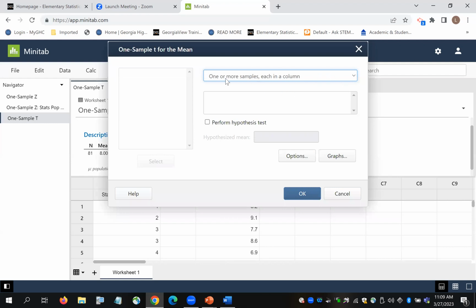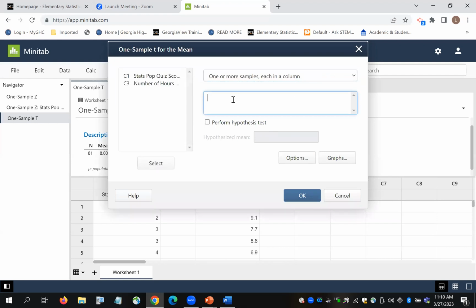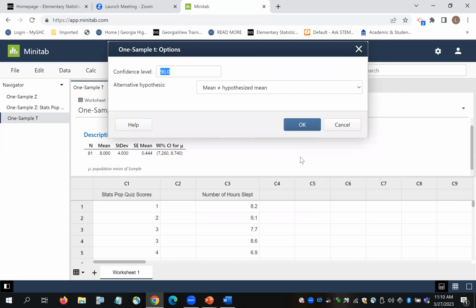So I have the raw data, so it's one or more samples each in a column. Where is the data? This is number of hours. Options. It is a 95% confidence interval.